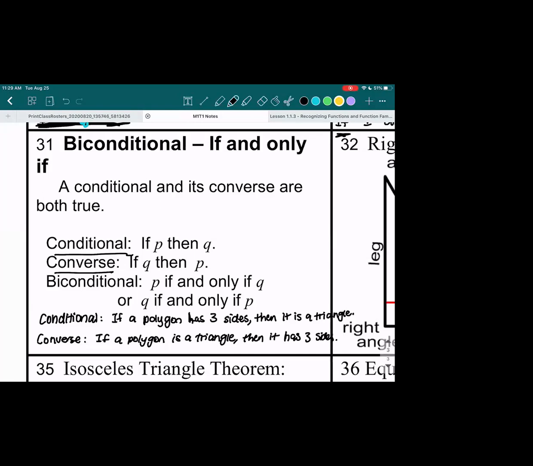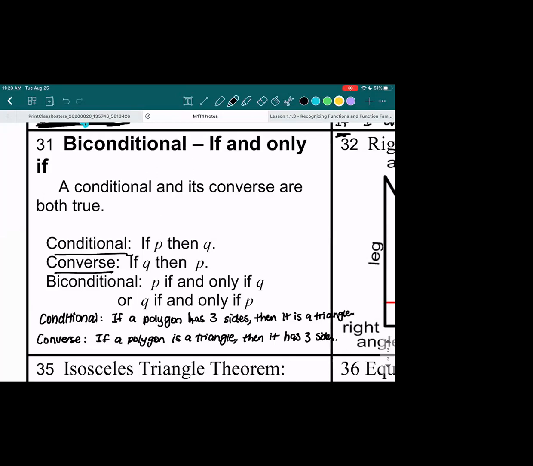So both of these statements are true, because by definition, a triangle is a polygon with 3 sides. So if a polygon has 3 sides, then it is a triangle by definition. So if a polygon is a triangle, then it has 3 sides by definition.